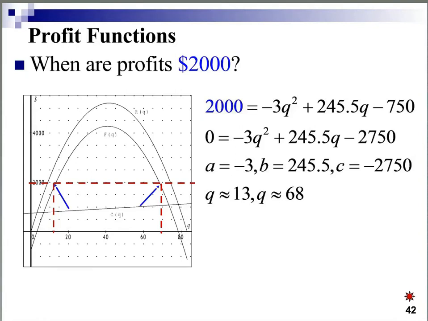At 13 items, we charge some higher price than when we sell 68 items. Now, here's something to think about. If you wanted to know what price went with the 13 items and what price went with the 68 items, how would you find those prices?